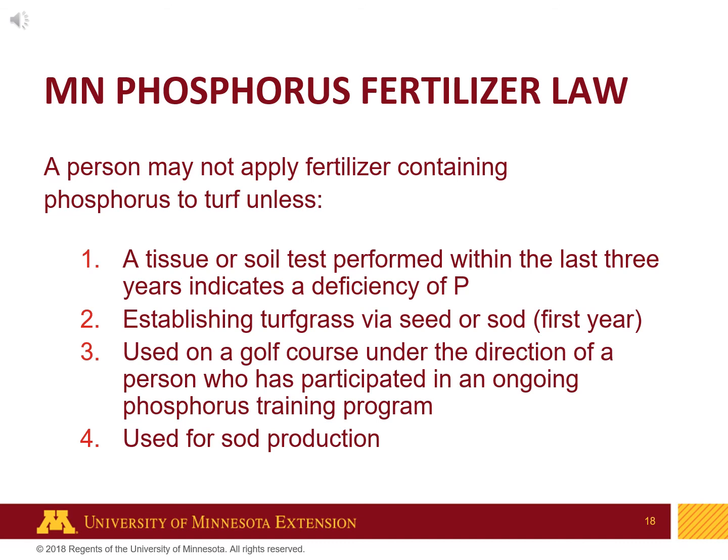In the state of Minnesota, a person may not apply fertilizer containing phosphorus to turf unless it meets at least one of the 4 exemptions: a tissue or soil test performed within the last 3 years indicating a phosphorus deficiency, they are establishing turfgrass via seed or sod, they are using the fertilizer on a golf course under the direction of a person who has participated in an ongoing phosphorus training program, or the turf is to be used for sod production.